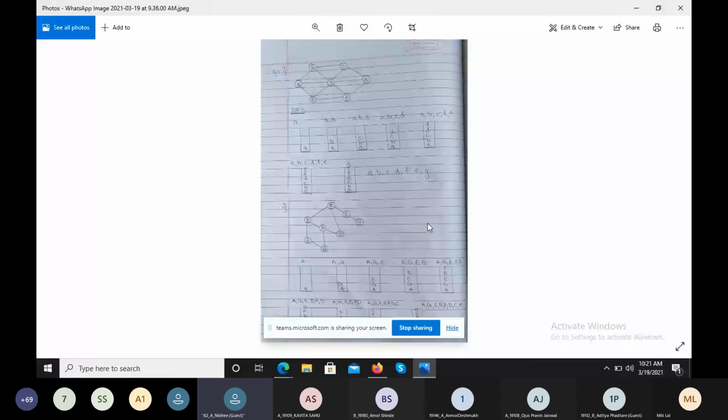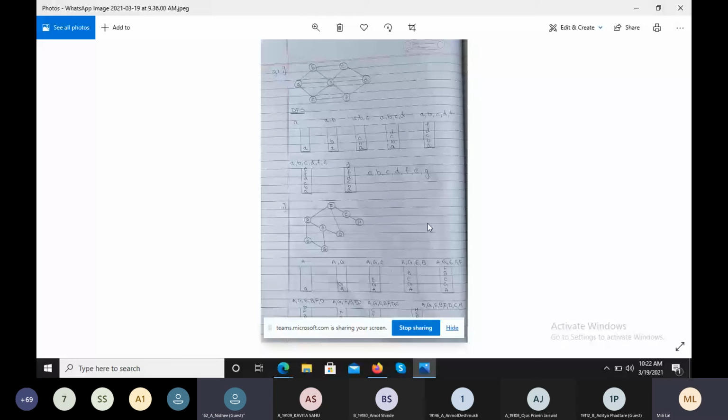The output is A, and then we enter the adjacent vertex to A, that is B, and then B is printed. The adjacent to B is C, so C gets printed. And so on. We go to D, F, E, and then the last is G. So the output for depth first search for the first figure is A, B, C, D, F, E, G.